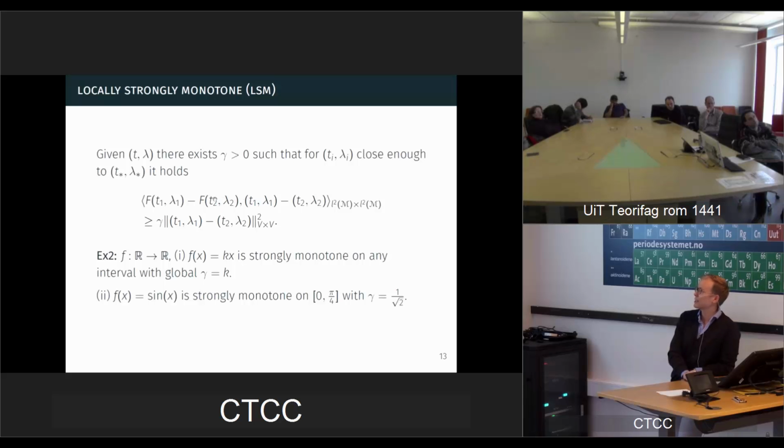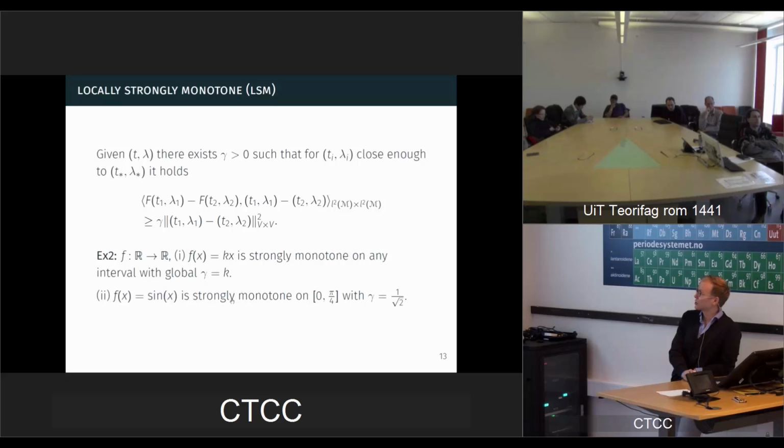In this case, it's an infinite series. Anyway, here is an example of a function that's strongly monotone. If we just plug it in, this is nothing but the usual product on R, and then we see that in this case it's strongly monotone, and we can take this gamma to be this constant here.